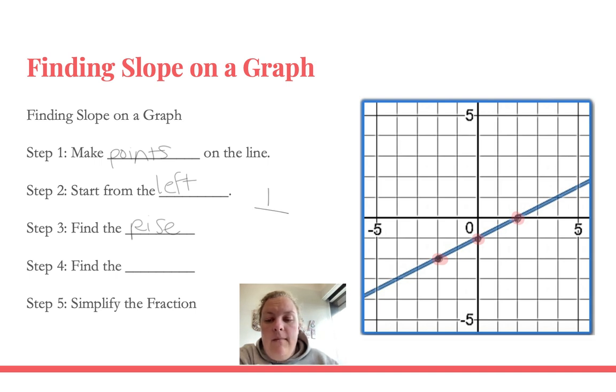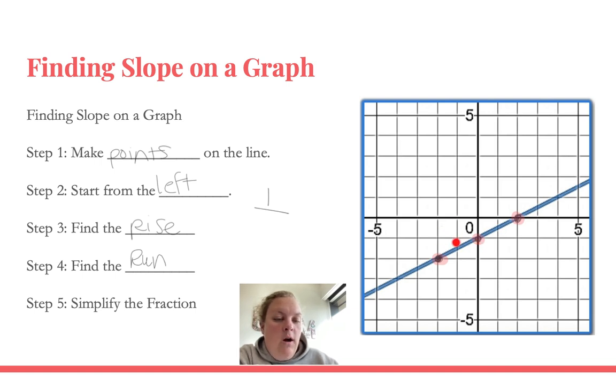Then I'm going to find my run. So to find the run, you count over. How many do I need to count to the right or left to get to the next point? In this case, I've gone up 1, and now I'm counting 1, 2 to the right. Notice how I didn't go up 1 and immediately start by counting 1, 2, 3, because that's not right.